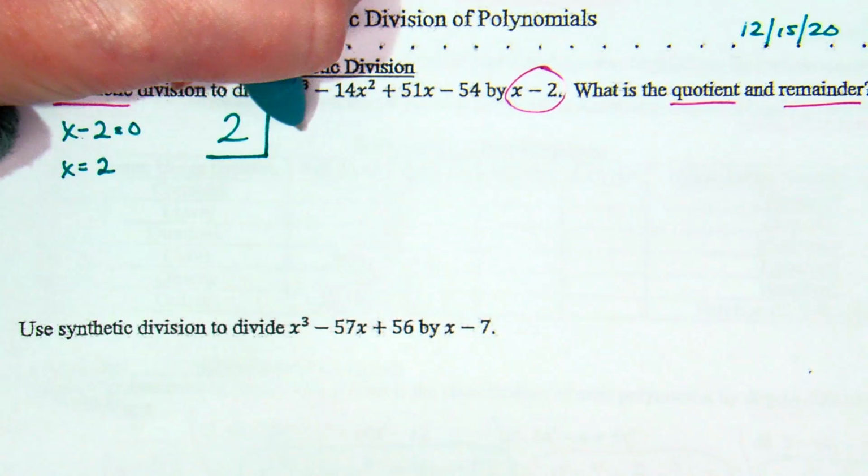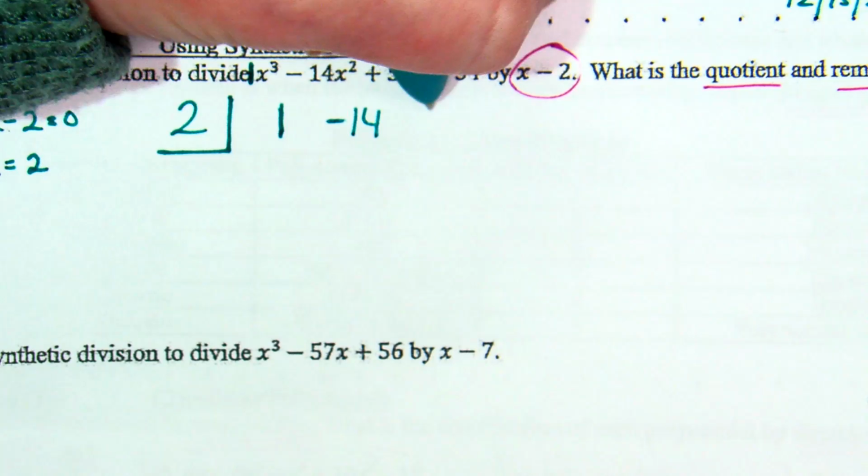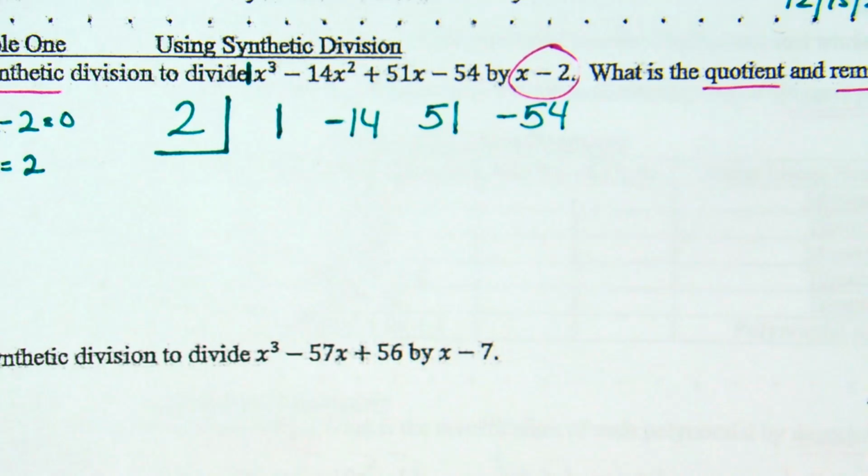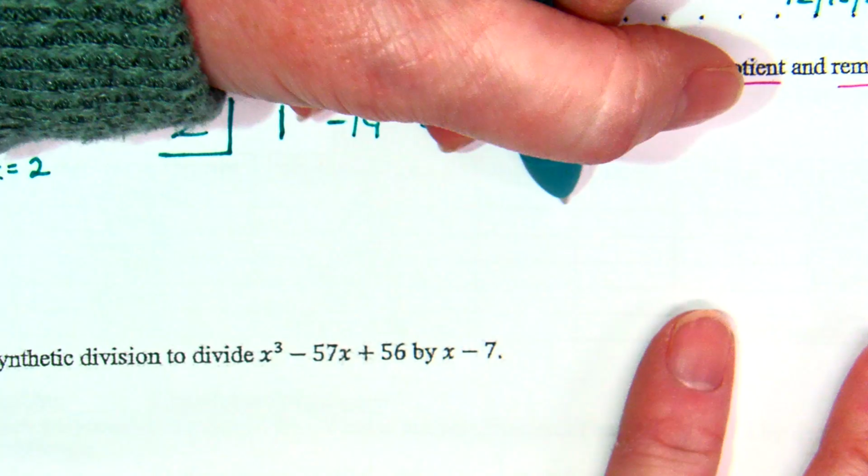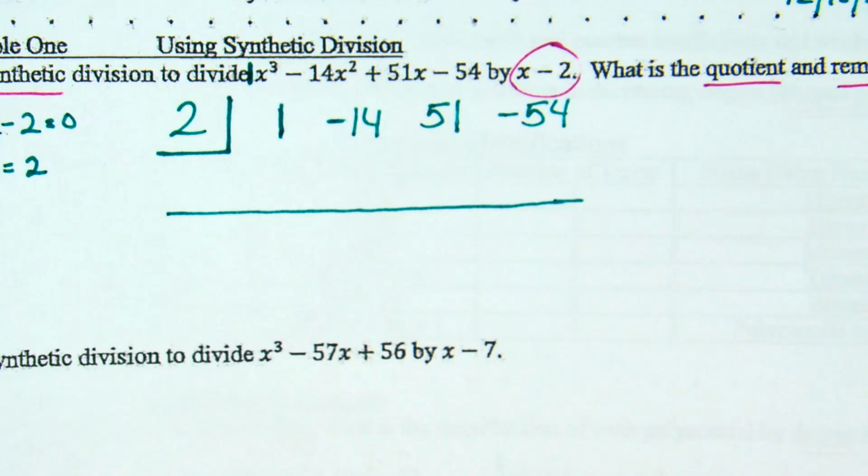Negative 14. What's in front of my x term? 51, and what's my constant? Negative 54. Do beware, if there's a missing place value, we'll have to put a 0 as a placeholder. So just beware when we get to the next problem. Okay, leave room for a row of numbers, and then I draw a line.